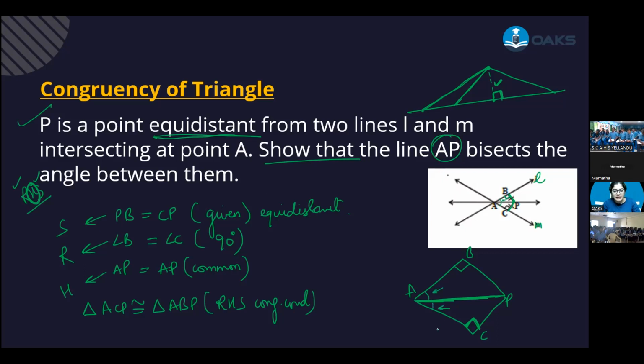These two angles will be equal because of CPCT, corresponding parts of congruent triangles. So these two angles, I am saying this is 1, this is 2. So angle 1 is equal to angle 2 by CPCT. We can say that line AP bisects the angle between them, right? So do you understand this question?